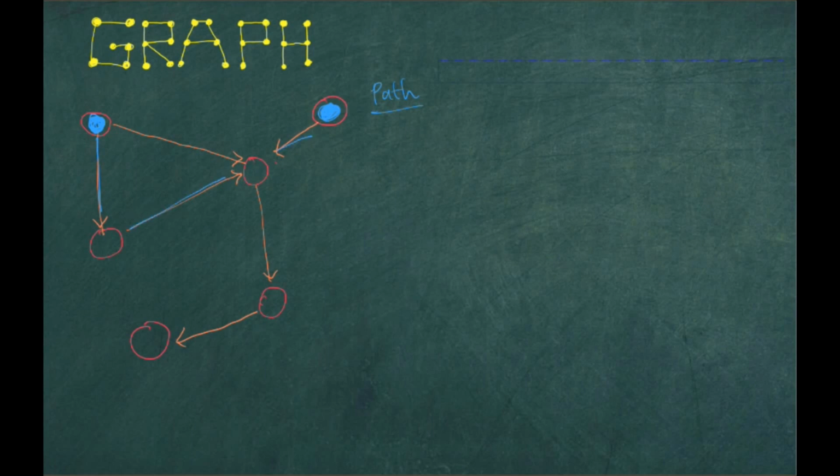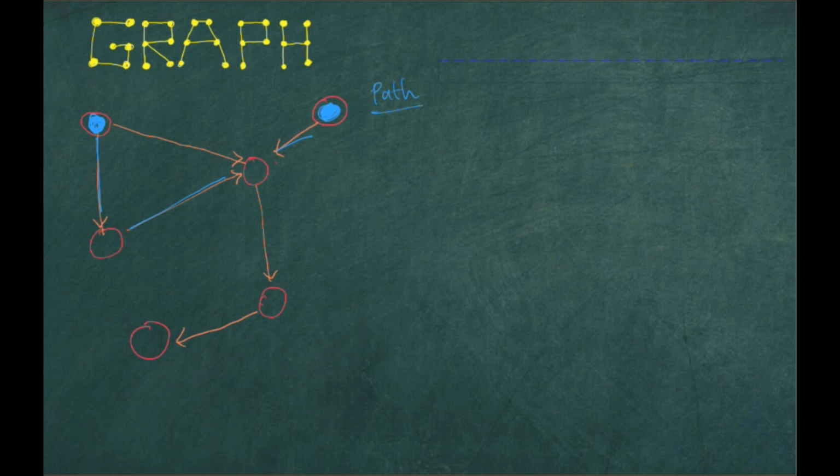Well, as its name implies, it's just a set of edges that connect two nodes, and because we're dealing with the abstract concept of graphs, a path can actually be a finite or even an infinite set of edges, as long as ultimately it connects the two points we are interested in.